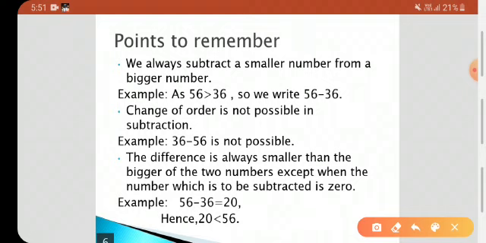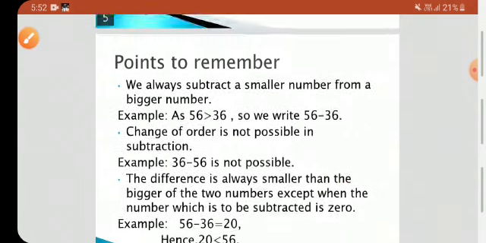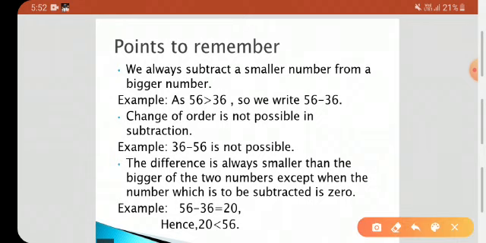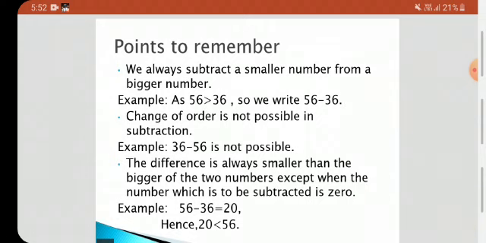We cannot subtract 56 from 36. We cannot subtract a bigger number from a smaller. Can we subtract it? No. We can subtract 36 from 56. That means we always subtract a smaller number from a bigger number.